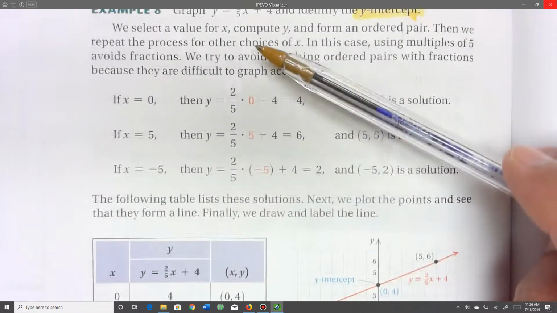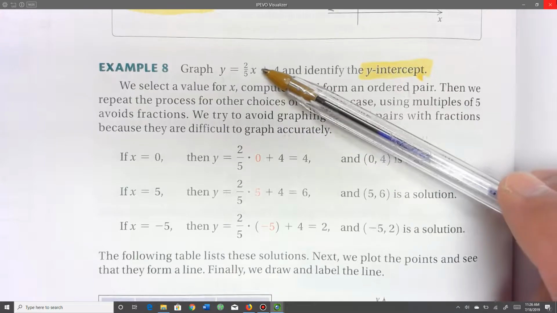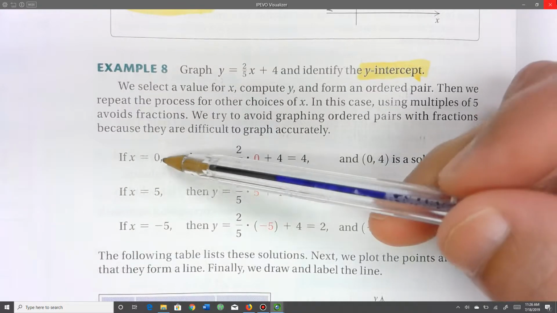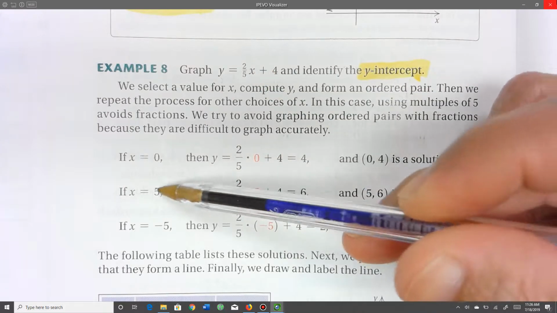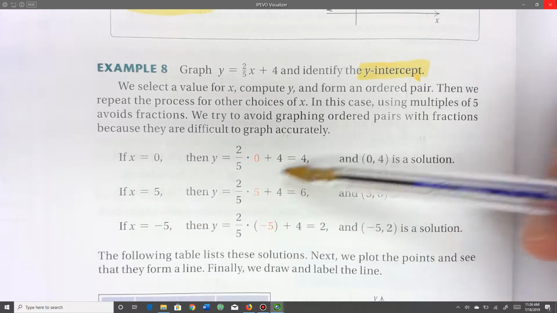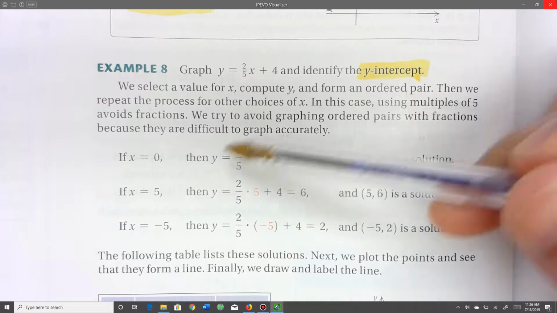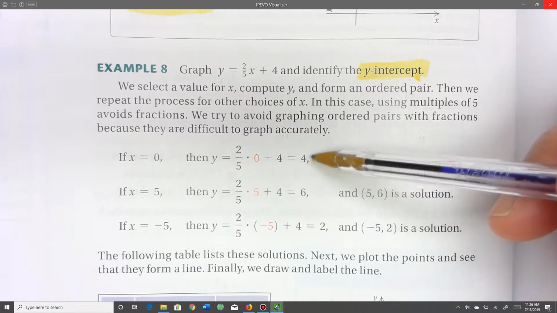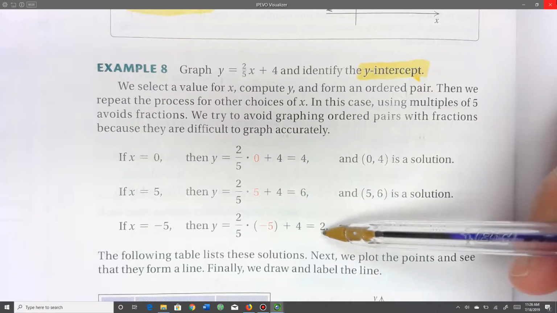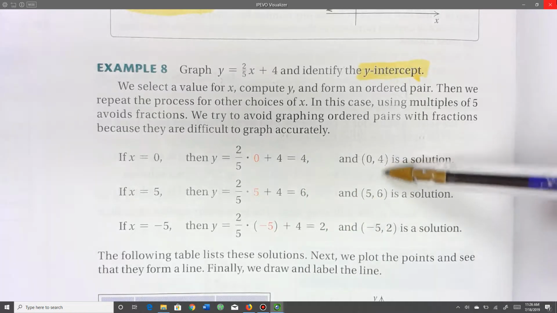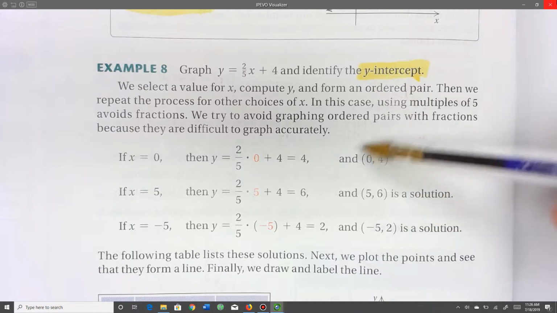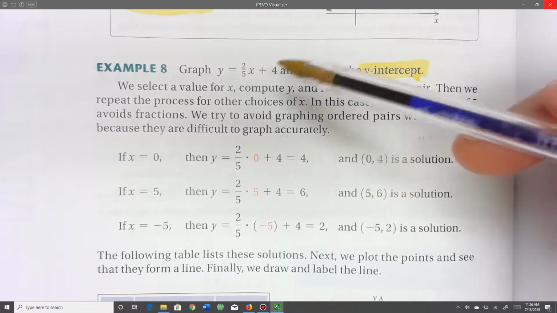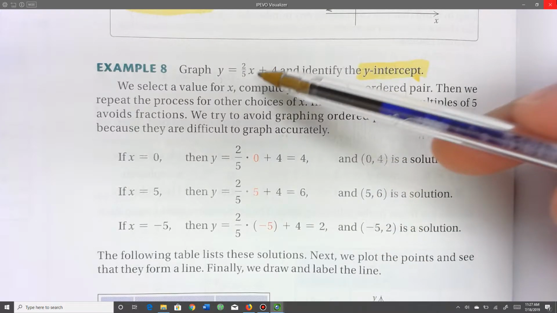Let me show you the equation again. It's right there. They substituted those values into the equation, and then they performed all the operations, and this is what they got for the y values. So now we're here at these ordered pairs. These are some of the solutions of this equation.